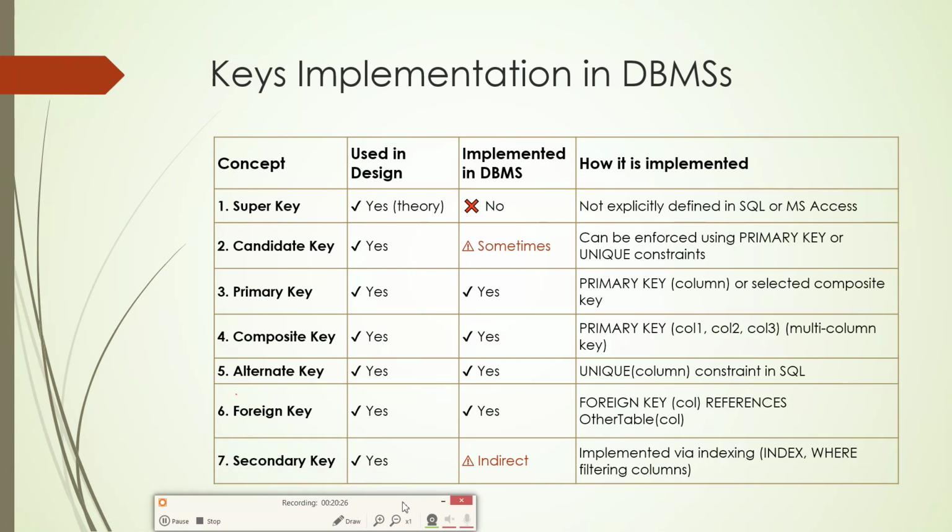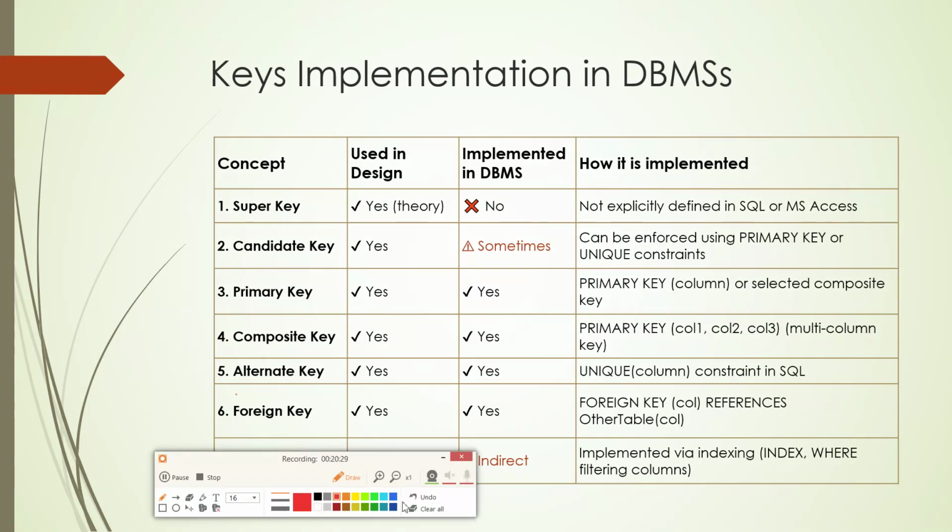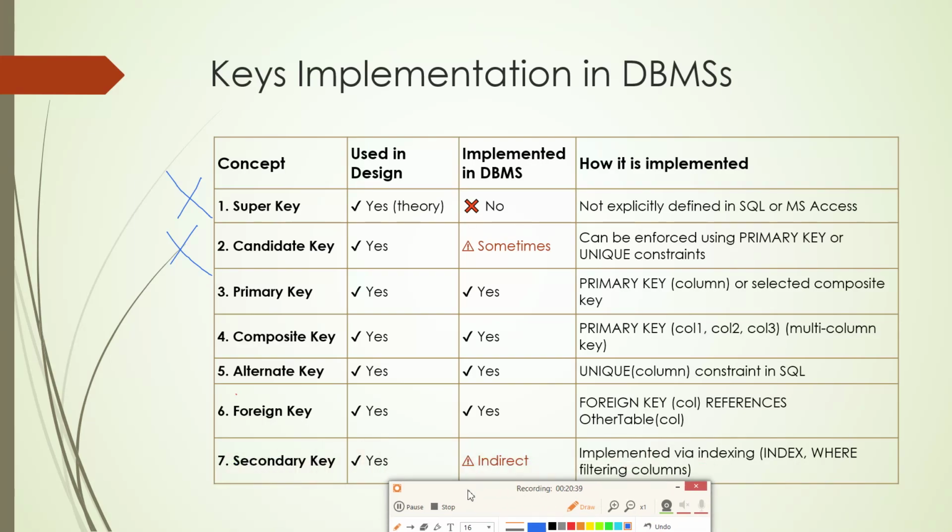So when we see from the implementation perspective, super key cannot be implemented, and candidate key and secondary key are not directly implemented. Super key is just a theoretical concept, so it cannot be directly implemented in a DBMS.